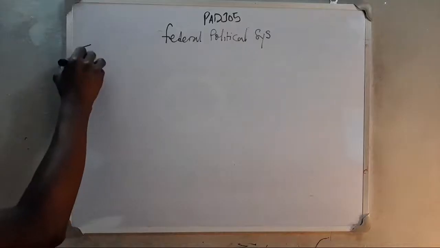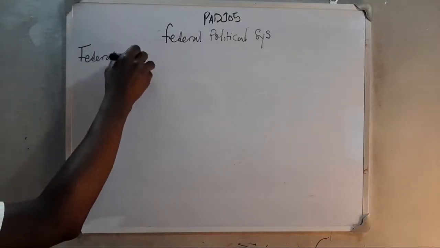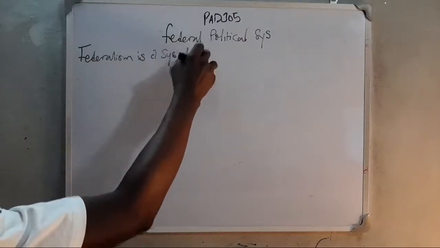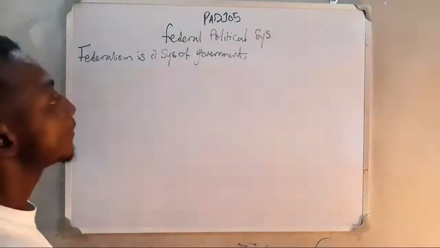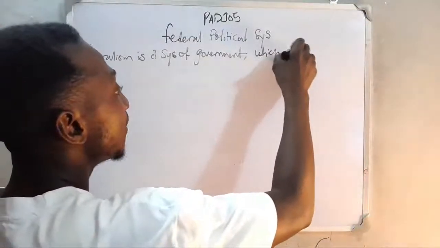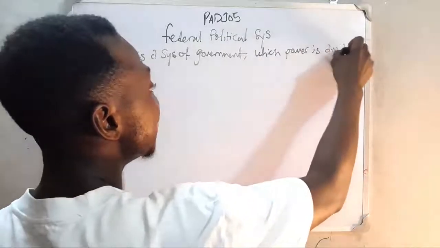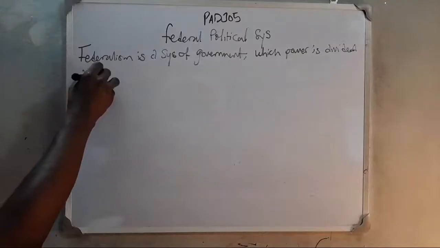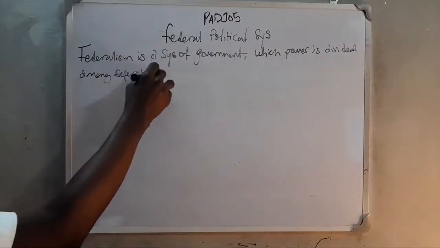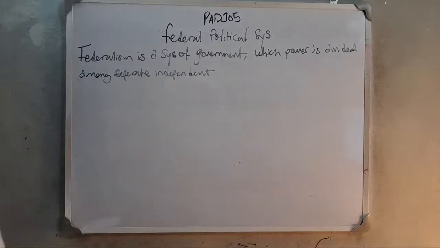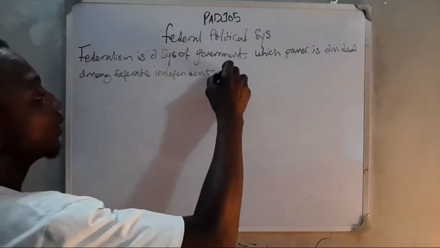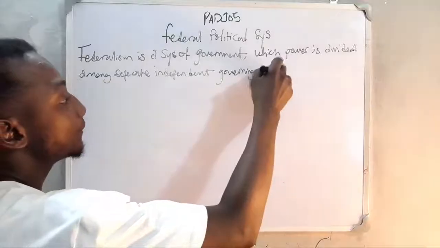So we have federalism, a system of government in which power is divided among separate, independent governing parts.